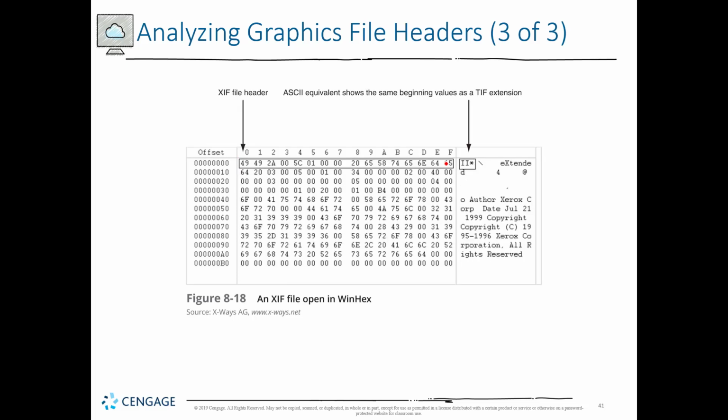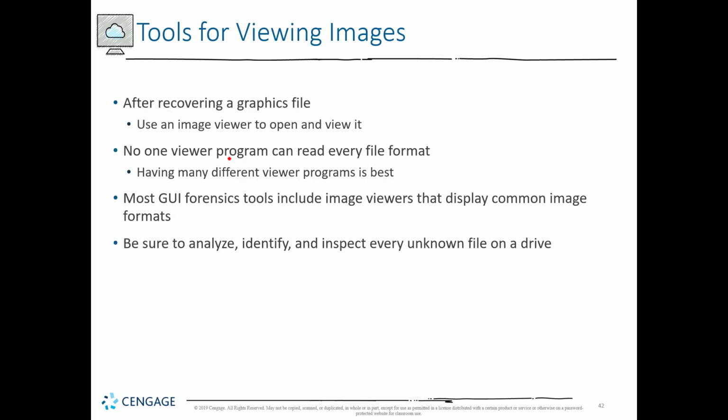Here is our XIF, again, II star, 49492A in hexadecimal, even though a TIFF and an XIF are slightly different. They have the same header, the same general structure. But if we look at more than just the first 3 bytes, then you'll notice there is a difference.